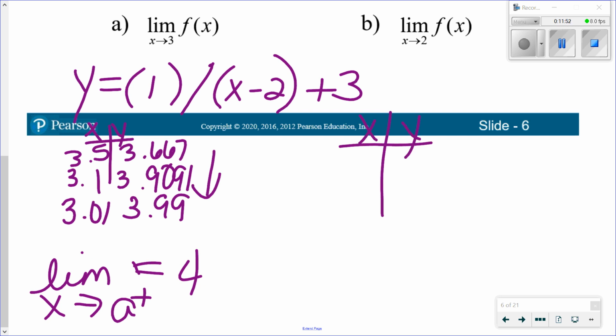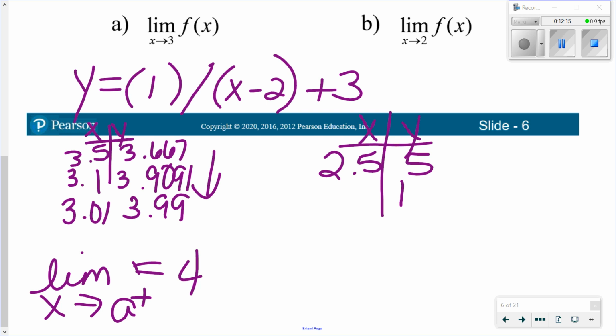We have 2.5, we got 5.1, sorry, 2.9. I went the wrong way.